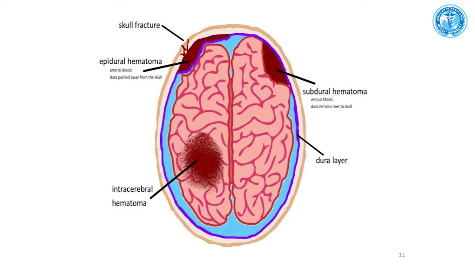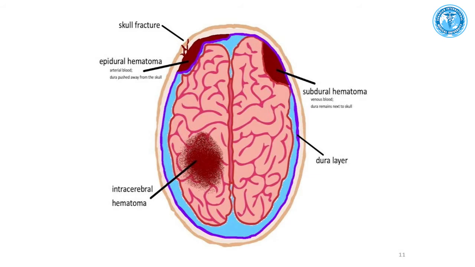In this slide, you can see a skull fracture in the frontal portion, and also you see an epidural hematoma, where arterial bleeding pushes the dura away from the skull.